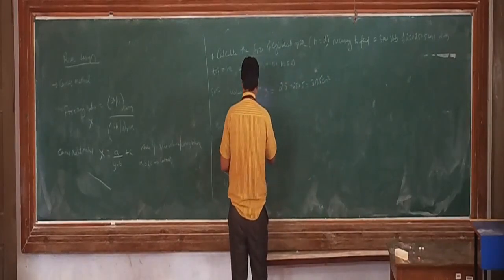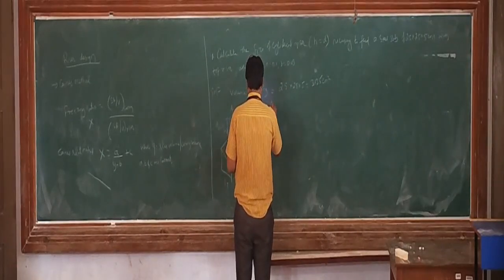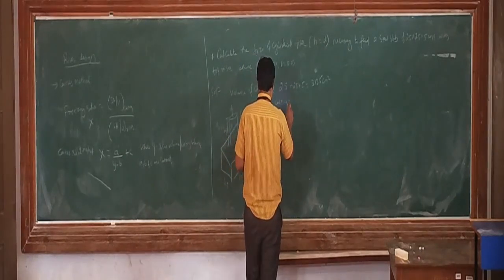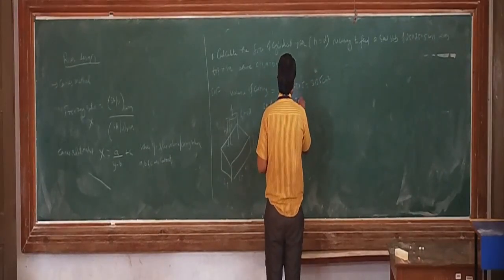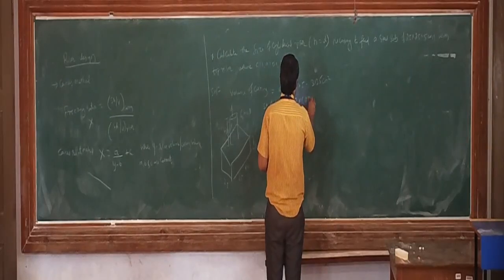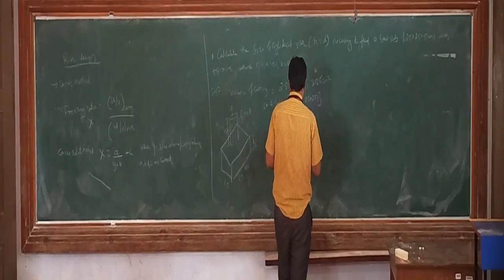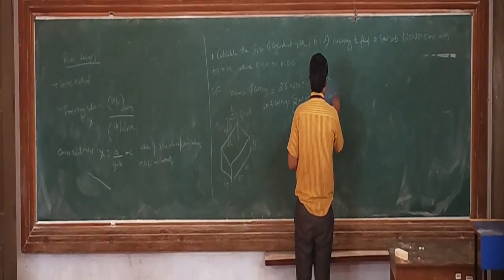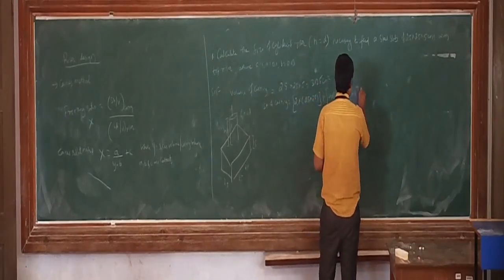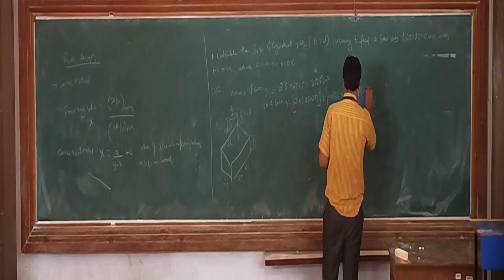Then the next one, surface area of casting is 2 times 25 by 25 plus 4 times 25 by 5. I'll explain this. 1750 centimeter square.